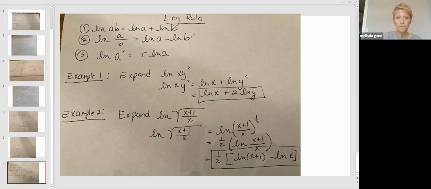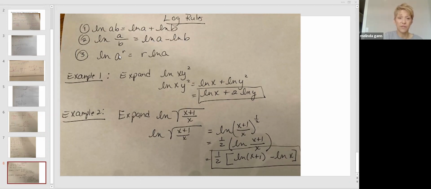Okay, so what we got up here now is we know that you can change a product to a sum if you do it this way. Same thing on division. If you've got the natural log of A divided by B, it's not the natural log of A divided by the natural log of B, it's the natural log of the top one minus the natural log of that bottom denominator.